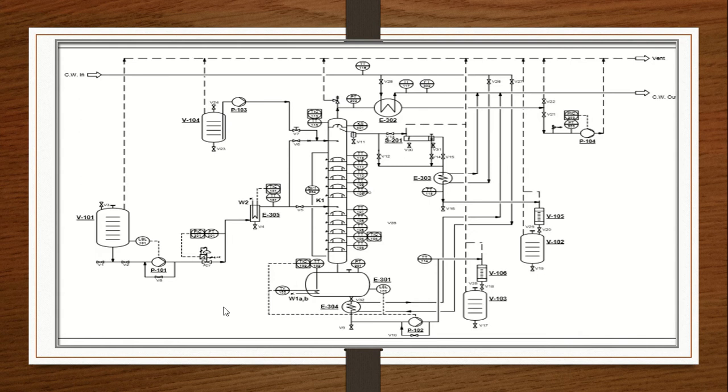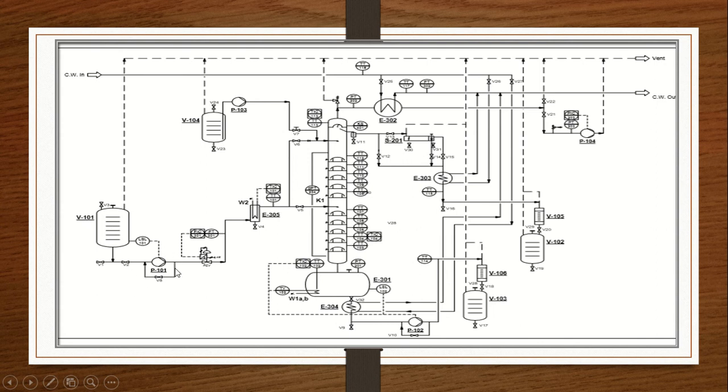Okay, so this is the process flow diagram, which is PFD. V101 is called the feed vessel, where the feed is transferred.